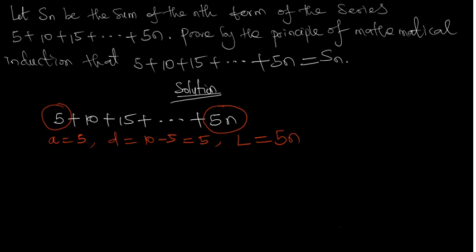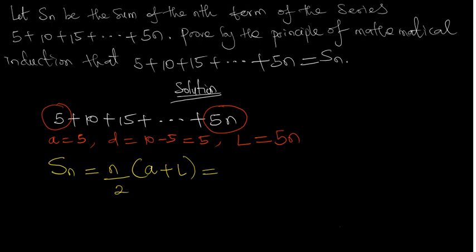So since this series contains the first term and the last term, we can use this formula to find the sum of the n terms of the series, which is n over 2 times a plus the last term.